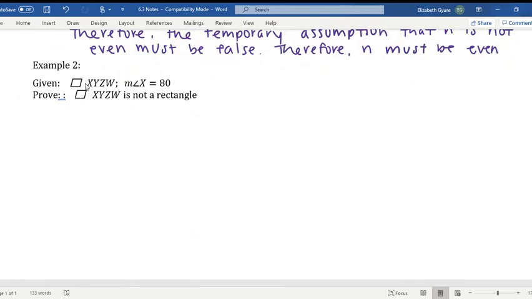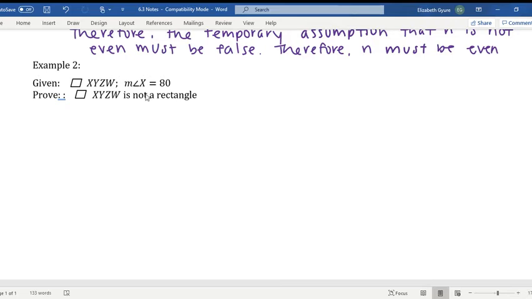Example 2, we are given that we have parallelogram XYZW and that the measure of angle X is 80 degrees. We're going to prove that parallelogram XYZW is not a rectangle. So we are going to prove that it is not a rectangle with an indirect proof. So first step is to temporarily assume that the conclusion is not true.